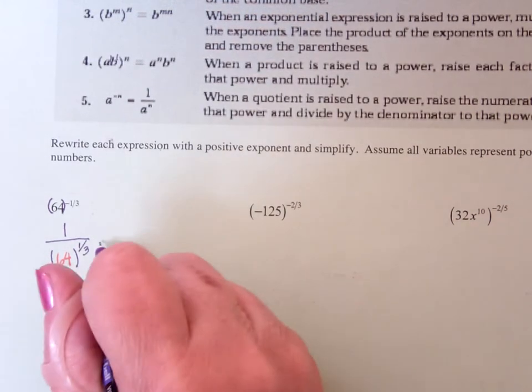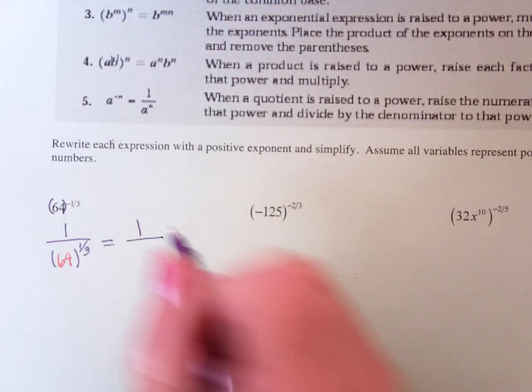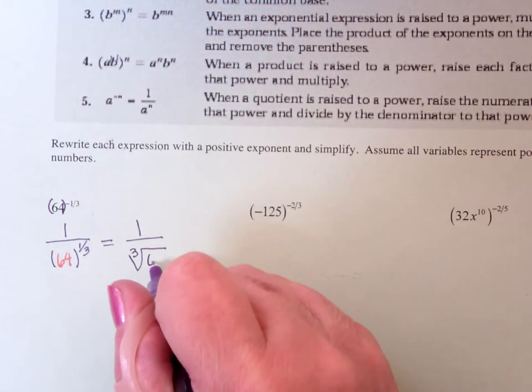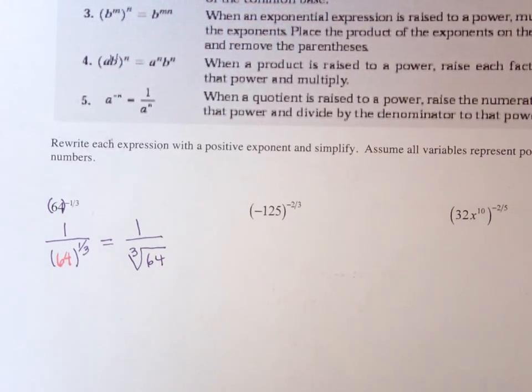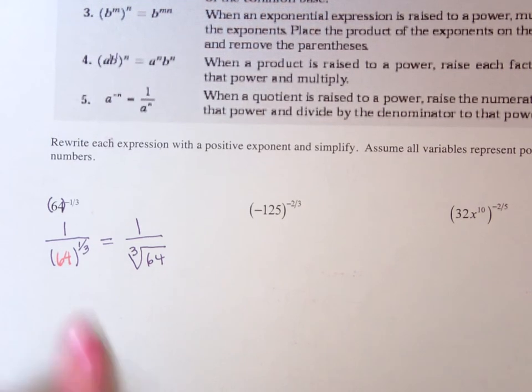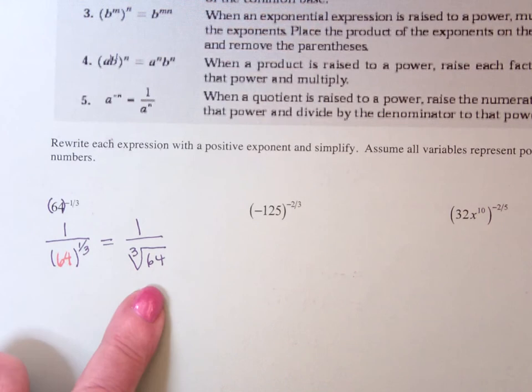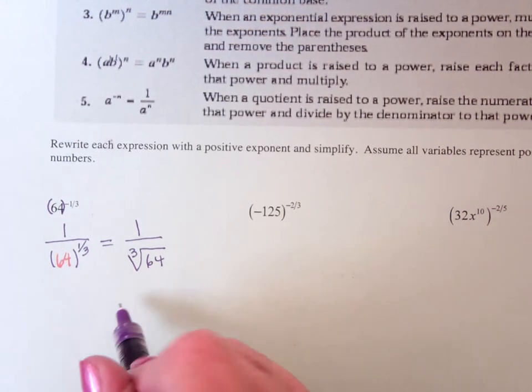This is really 1 over, the index is 3, 64 to the 1 power. So that's really the cube root of 64. I don't deal with fractional exponents this way. I rewrite them as radicals if I need to simplify. And what's the cube root of 64?